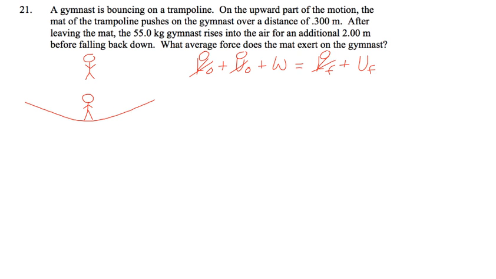And so in this problem, since we are looking for the average force from the mat, I am going to replace work with FD, because they're not giving me the work and they're not asking for the work. They're actually asking for the average force exerted on the gymnast. And UF is going to be mg times the final height.